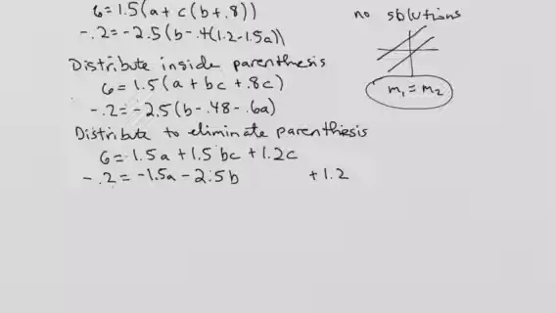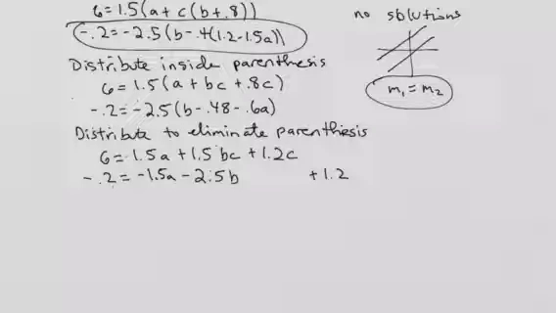Okay, so this equation here, we can solve for A, and then we get it into the form of y equals mx plus b. So let's do that. And you can see here where I've already done some work.